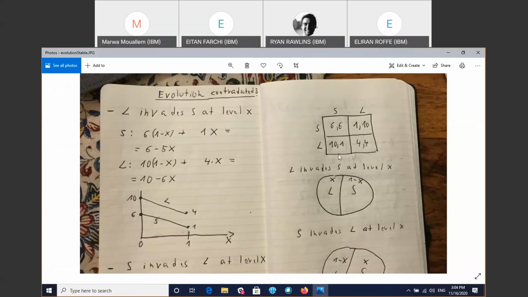Now, if we go back to this game and consider both players play small, okay? So they get 6-6. If player number 2 changes its action to large, then it gets 10.